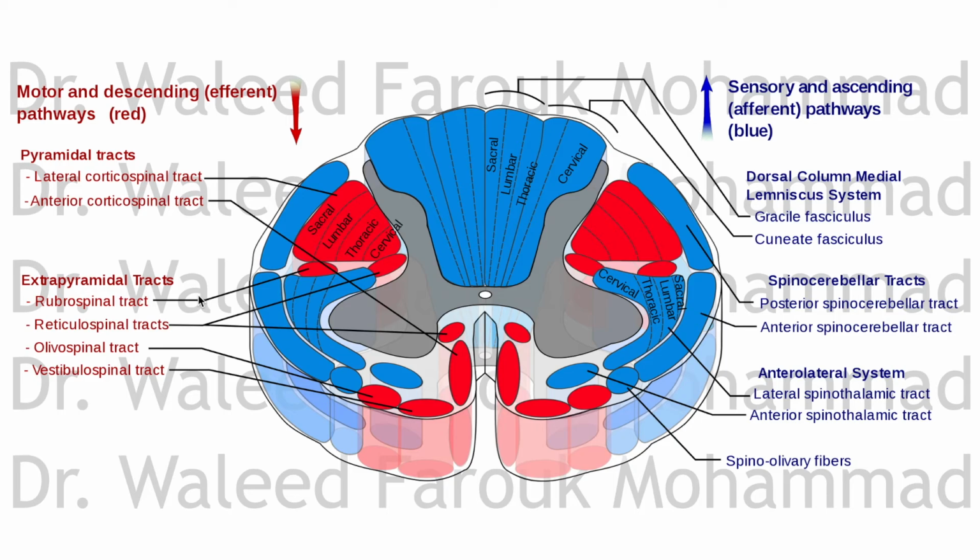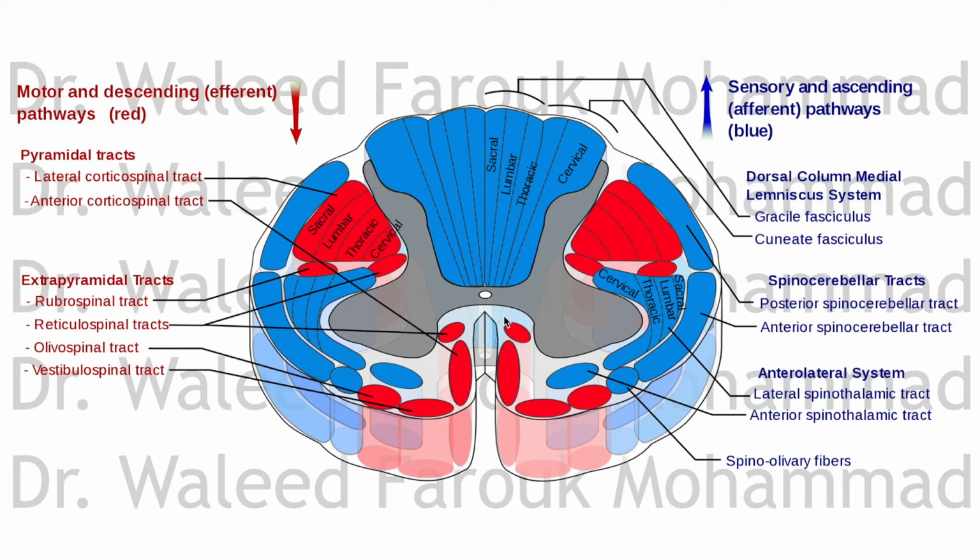Extrapyramidal means that these tracts mostly do not reach the cortex, but different areas at lower levels than the cortex. They originate from the red nucleus, called rubrospinal, from the reticular formation, reticulospinal, from the olive, olivospinal, and from the vestibular nuclei, called vestibulospinal. All these aid in the adjusting or the accuracy of the movement of the body.